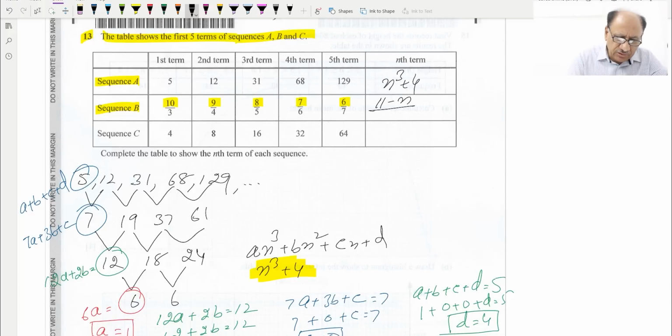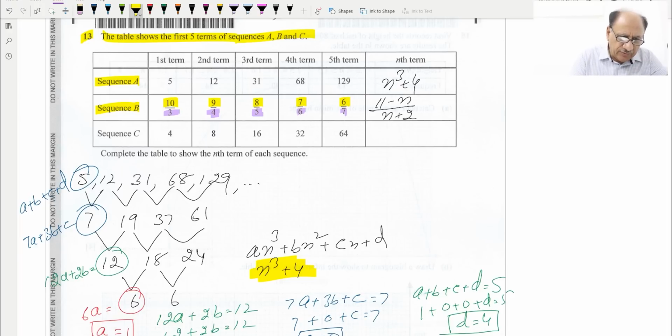And denominator, if you check this denominator, which is 3, 4, 5, 6, 7, we are adding 2 in the number of terms. So first term is 1 plus 2, 3. So this is how we can write n plus 2 for the denominator. This is how you can check separately for numerator and denominator.